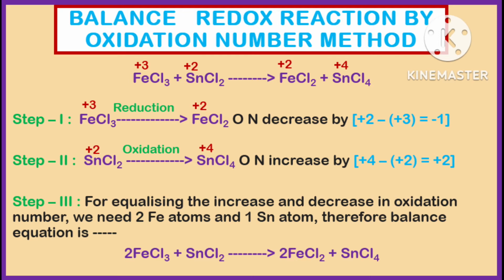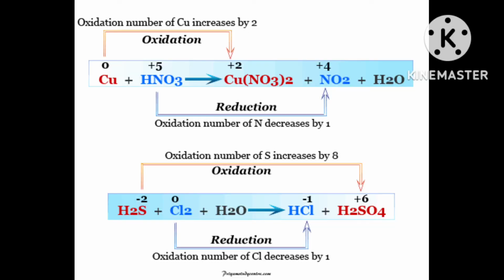Now come to the negative charge. For the negative charge it will simply not be balanced, so you have to go to further steps. Here, by rough guessing, you can put a coefficient for sulfite and sulfate.